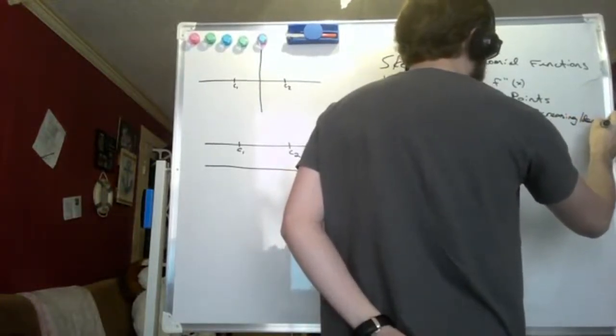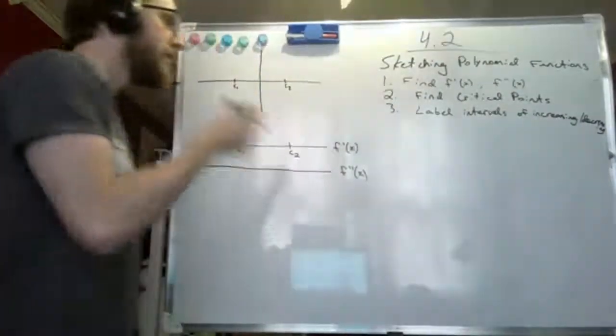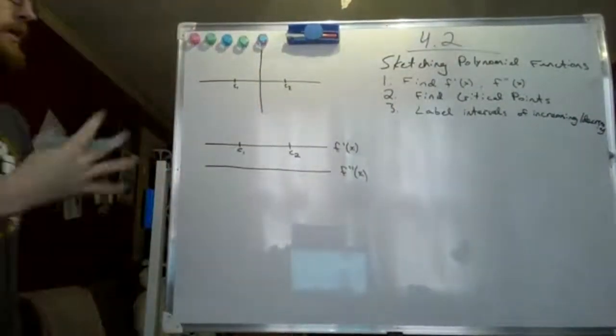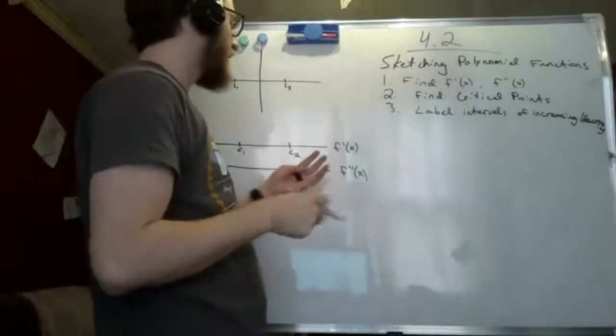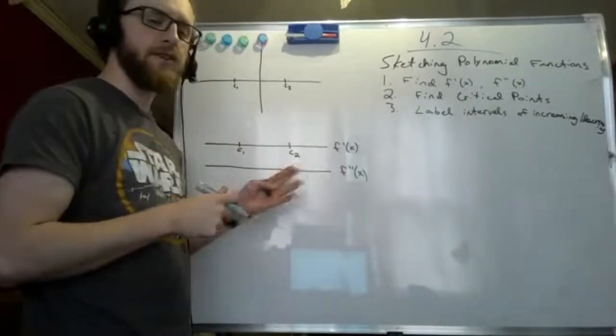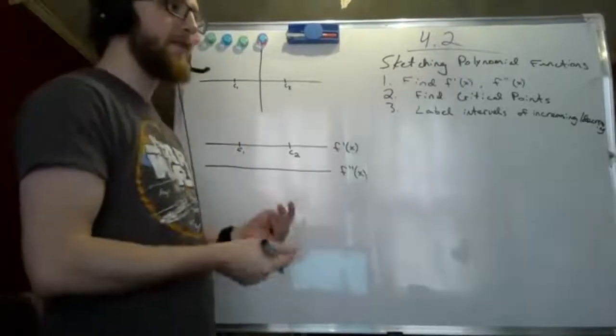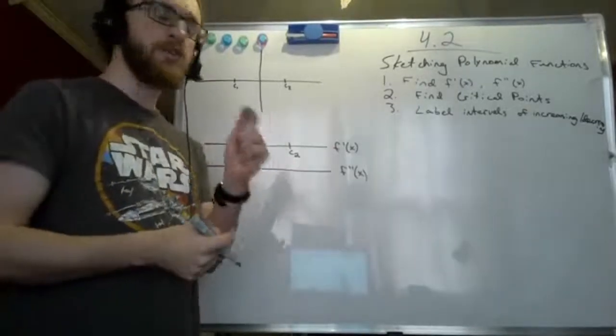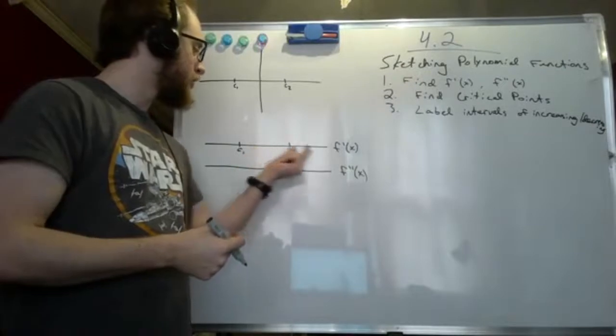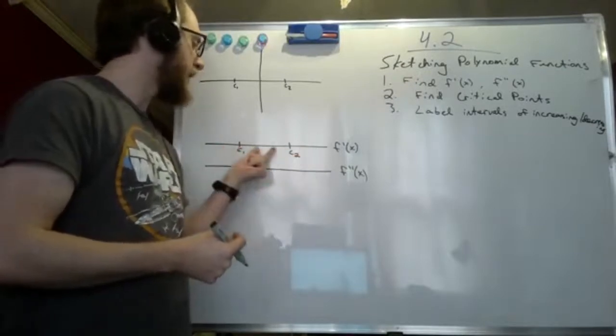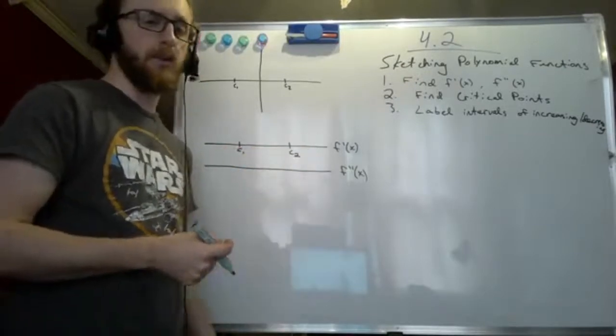And I'm running out of room over here on the right side, but you get the idea. Label intervals of increasing and decreasing. Now again, sometimes the problem will just flat out tell you that, hey, it's increasing for this interval and this interval. But the point is that you have to take that information that they'll tell you in words and you need to translate it into what it means graphically. What does it mean on this number line?